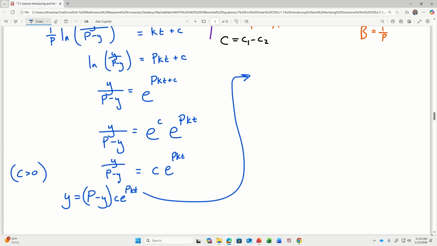Distribute c e to the pkt to both of those. And then we will add on the left side y c e to the pkt to get rid of that on the right side, and the right side just is left with p c e to the pkt.